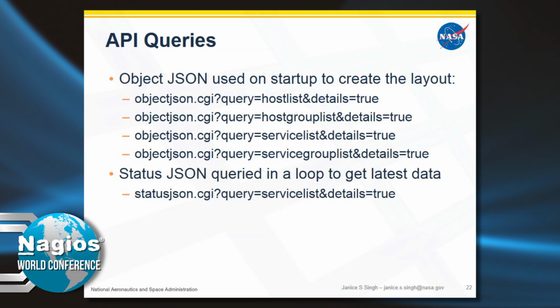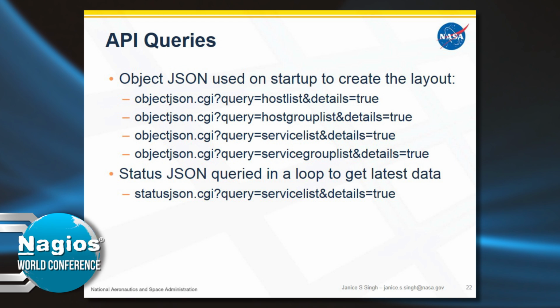So these are the API queries we use. So we found out that it was actually quicker for us if instead of using the APIs to get different types of information, we just grabbed everything in one API.